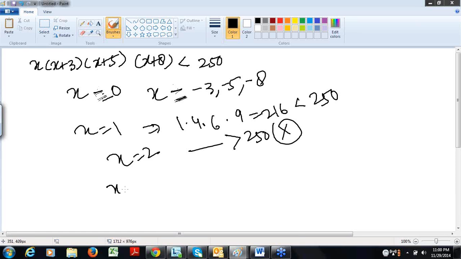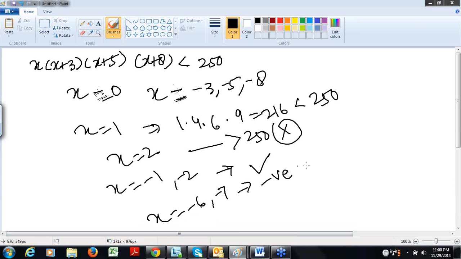Let's say x is equal to minus 1 or minus 2. If you work it out, the inequality will hold, so minus 1, minus 2 will work. If x is equal to minus 6 and minus 7, again the product will be negative and it will be good.